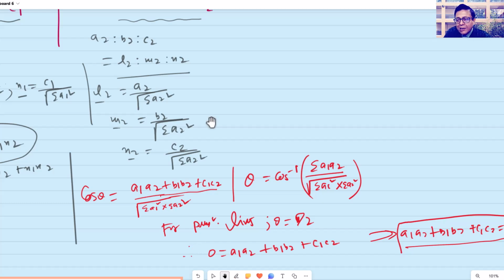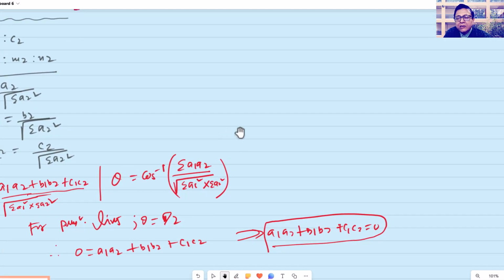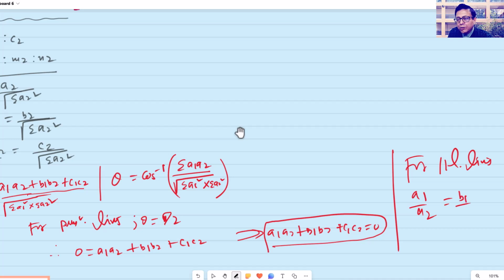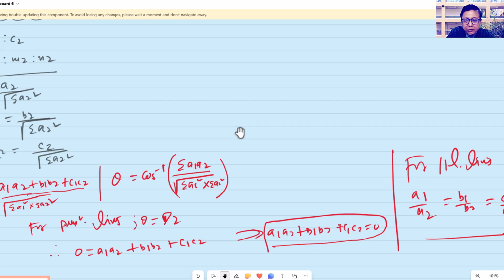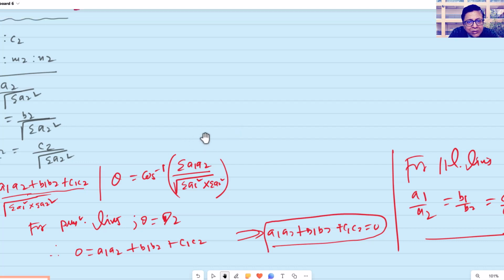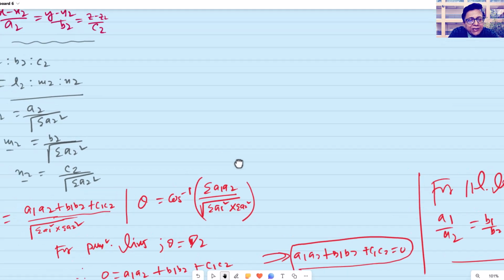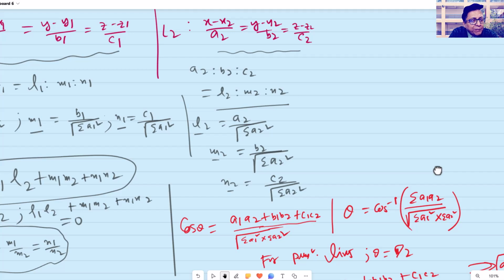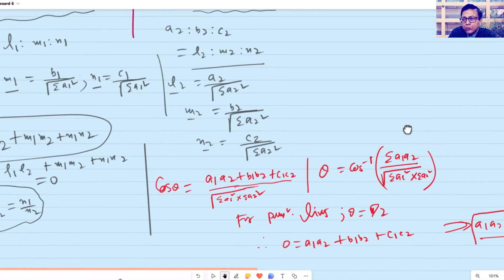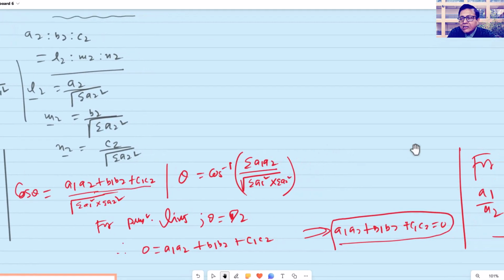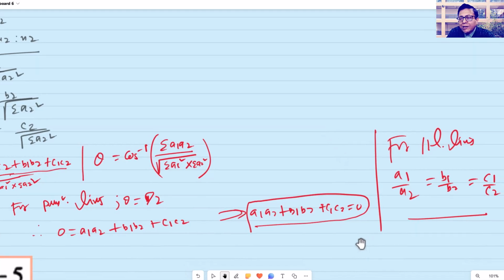And for parallel lines, direction ratios will be proportional: a1 by a2 equal to b1 by b2, that is c1 by c2. Hope you have understood. So first, the angle you find either by using the direction cosines form or by this form. Perpendicularity and parallelism you decide in this manner.